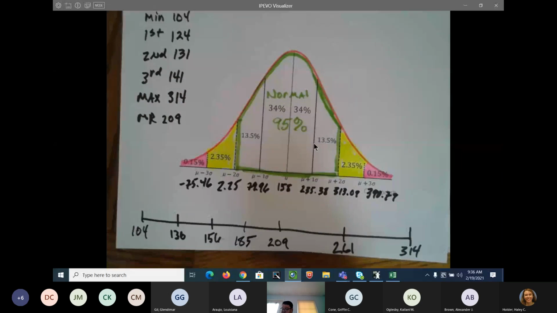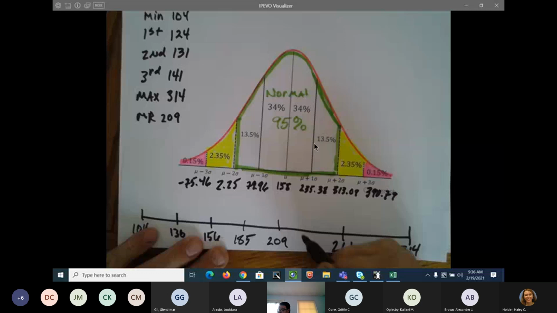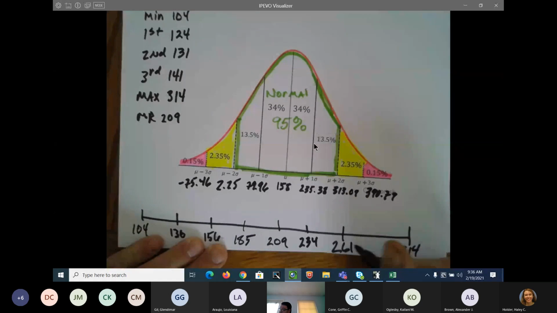Y'all, I'm just guesstimating. 105 to 130 is 25. So this would be what? 234. And 25 more would be 286.